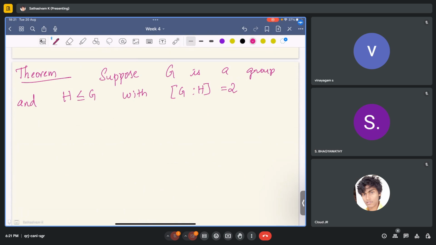Basically, the order of G by H is 2. Then H is normal. So this is the statement: if you have an index 2 subgroup, then it is always normal.